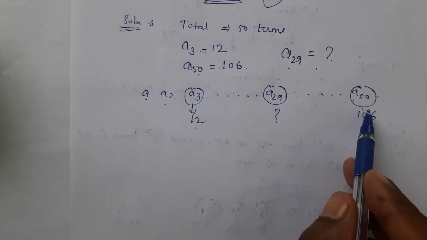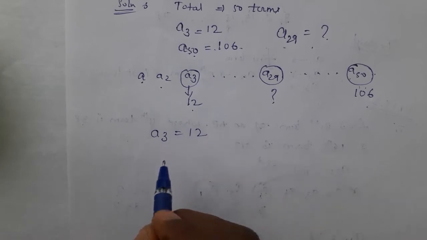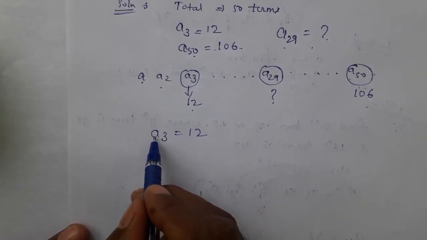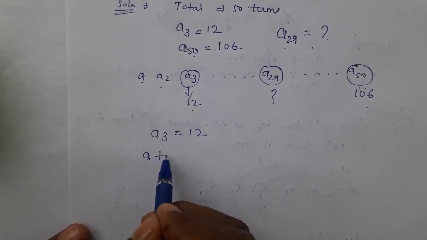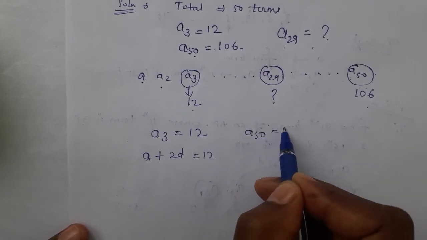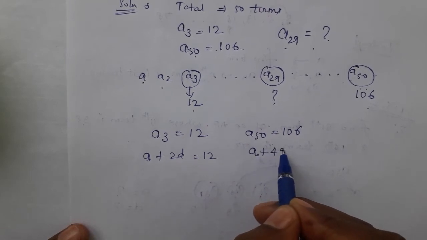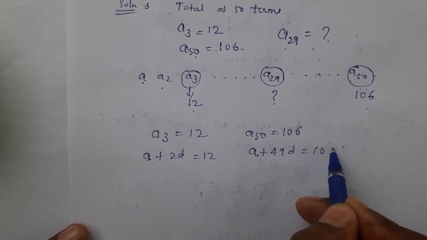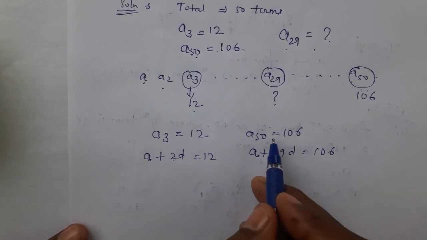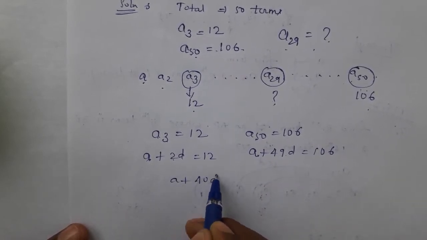So it is simple like the last problem. The third and 50th we will use first. We write A3 is equal to 12. Now as I taught you, how to expand A3? A3 goes to A by taking how many jumps? 2 jumps. Similarly, A50 is equal to 106. A50 goes to A by taking how many jumps? 49 jumps, equal to 106. 3 becomes 2, 50 becomes 49. Now in these two, which is the greater valued?